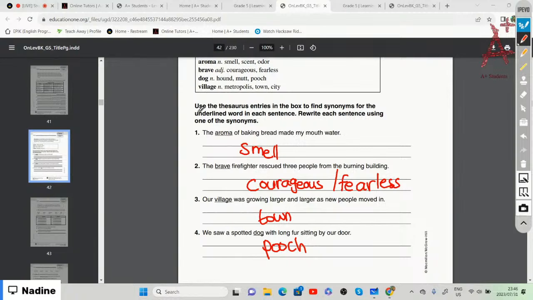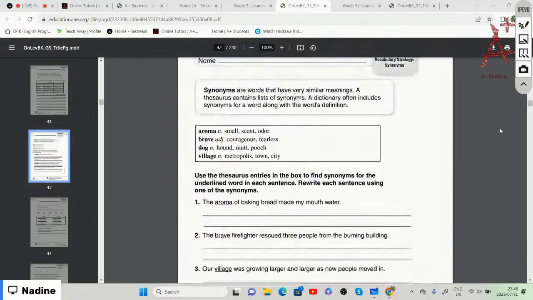And yes, a dictionary also gives you words, like synonyms basically. However, it's not as broad as a thesaurus. All right, so that is basically the end of our lesson on synonyms. We said synonyms are words that have similar meanings, and we can usually find synonyms within a thesaurus or a dictionary.